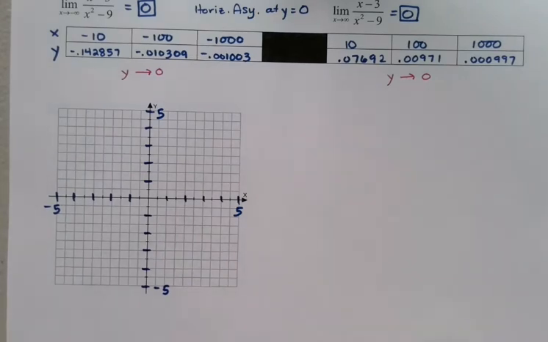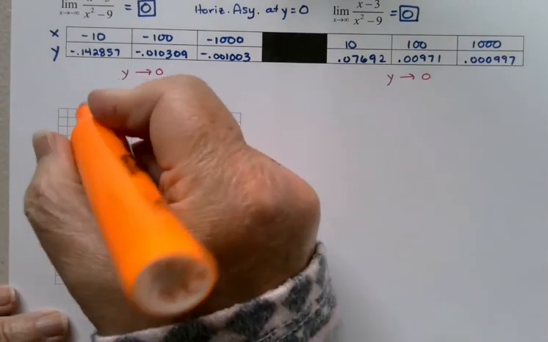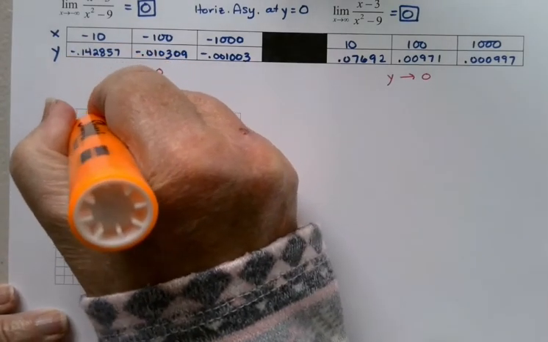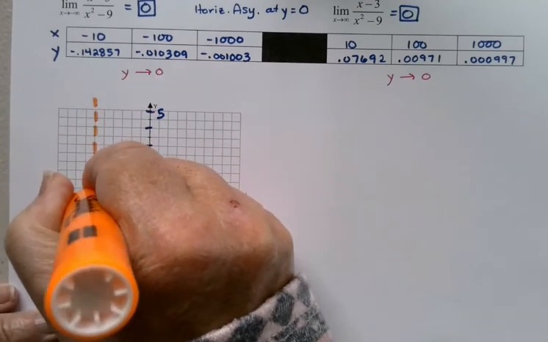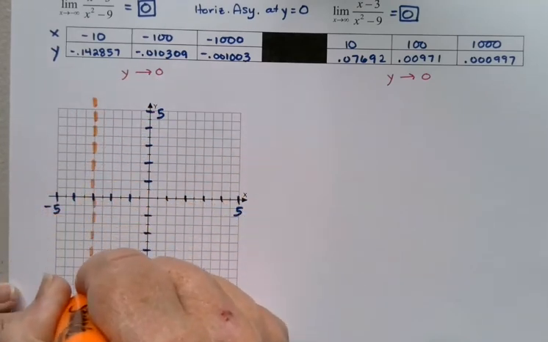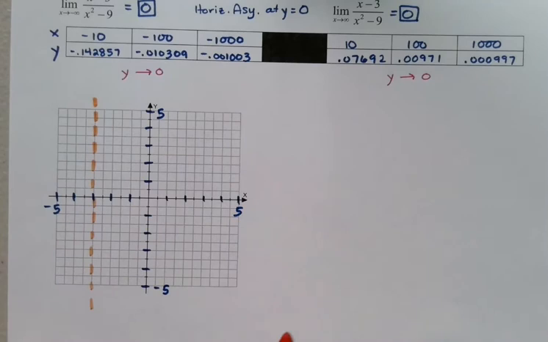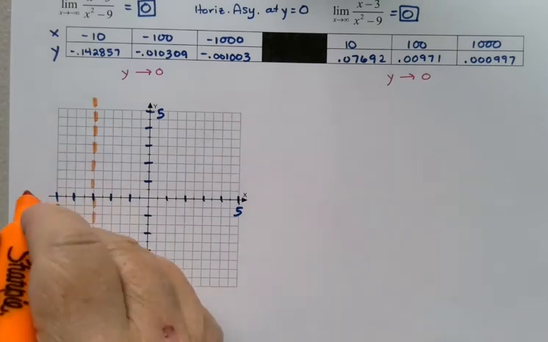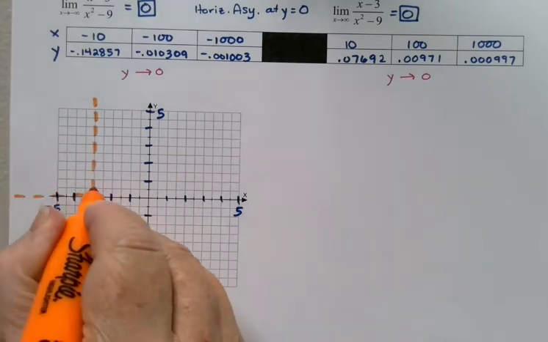So my vertical asymptote at negative 3 would be right here. And my horizontal asymptote is at y equals 0, right on the x-axis.